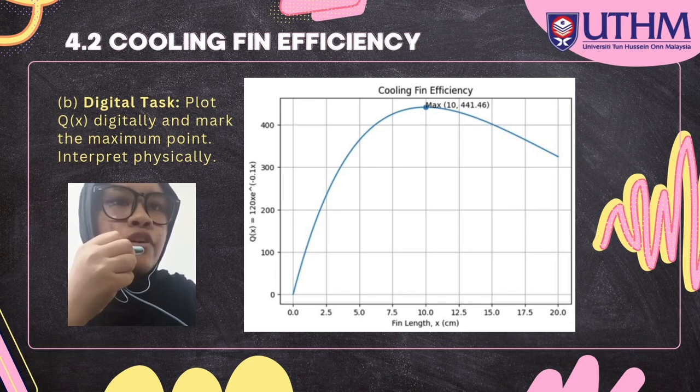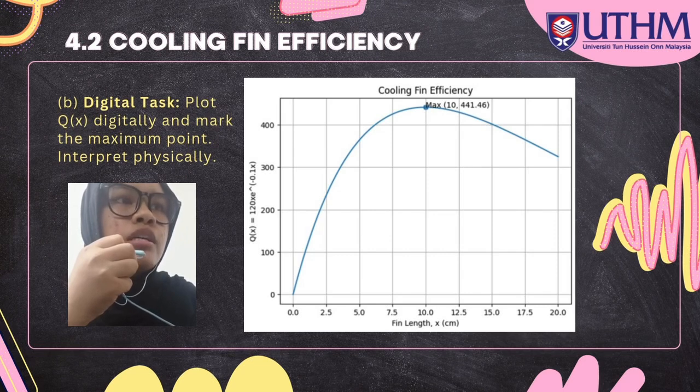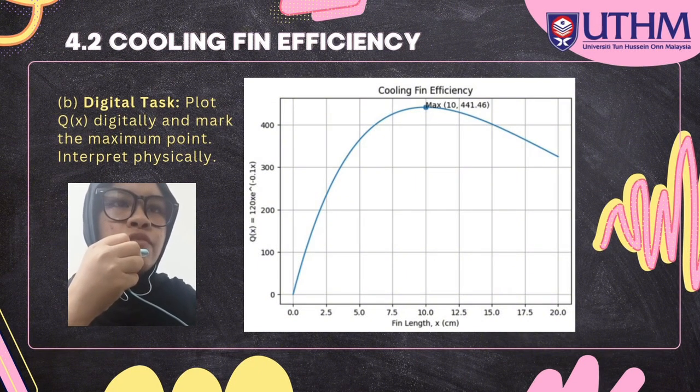So step 4, physical interpretation. A long fin increases the heat transfer at first because it provides more surface area. However, when the fin becomes too long, its tip becomes cooler and less effective at transferring heat.